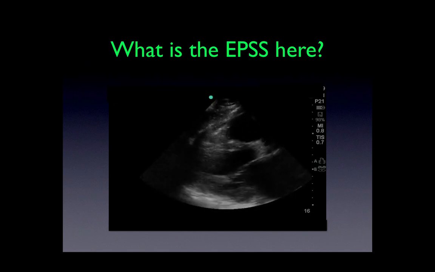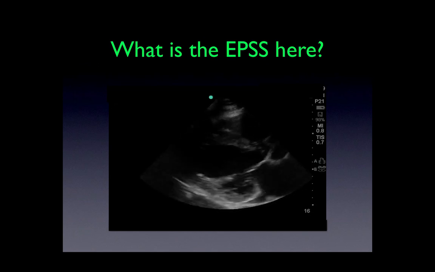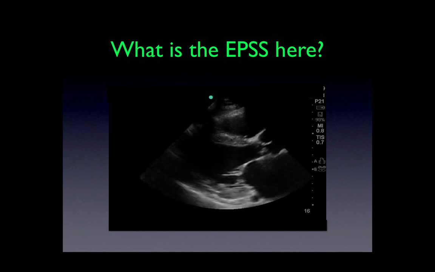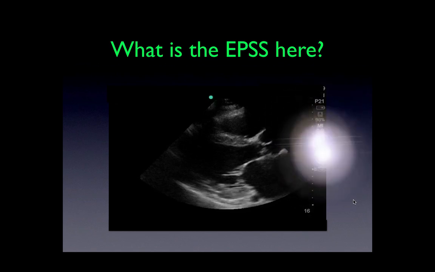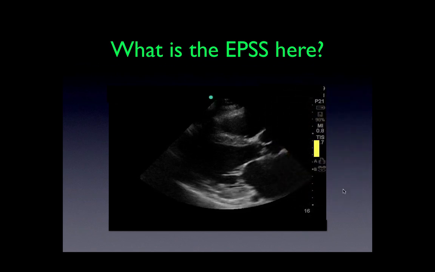Now, what's the EPSS here? Let's take a look at the mitral valve. The image is now frozen, and the mitral valve is sitting over here. On the scale over here, to the right, going from the top of the screen down to the bottom, the scale is set so the depth is 16 centimeters. Each hatch mark from here to here, and so forth, represents 1 centimeter.